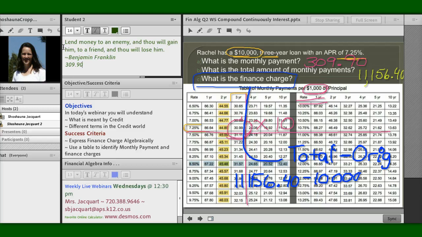My answer is going to be in this really cool box I have here. Didn't turn out to be a cool box at all, by the way. Holy cow, it turned out to be something insanely crazy. We're almost done, guys. I lost a 0. So our finance charge is 1,156 and 40 cents.